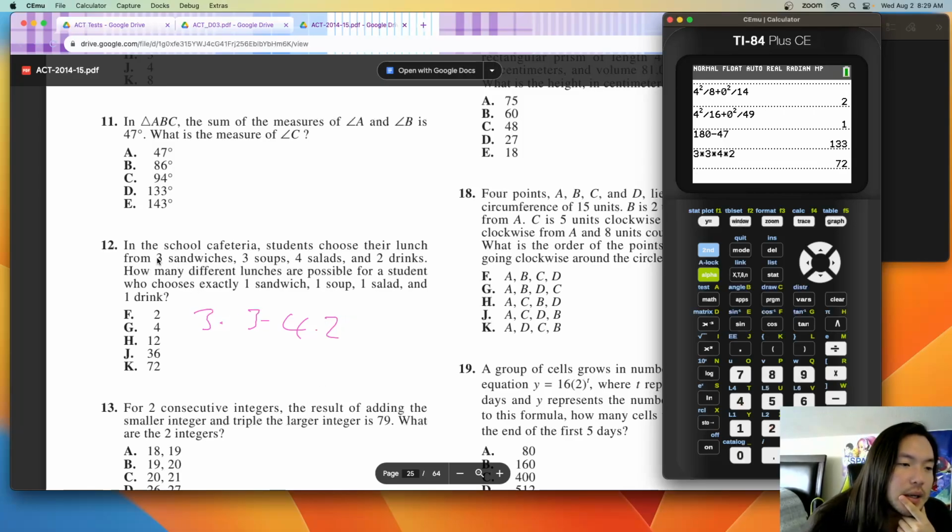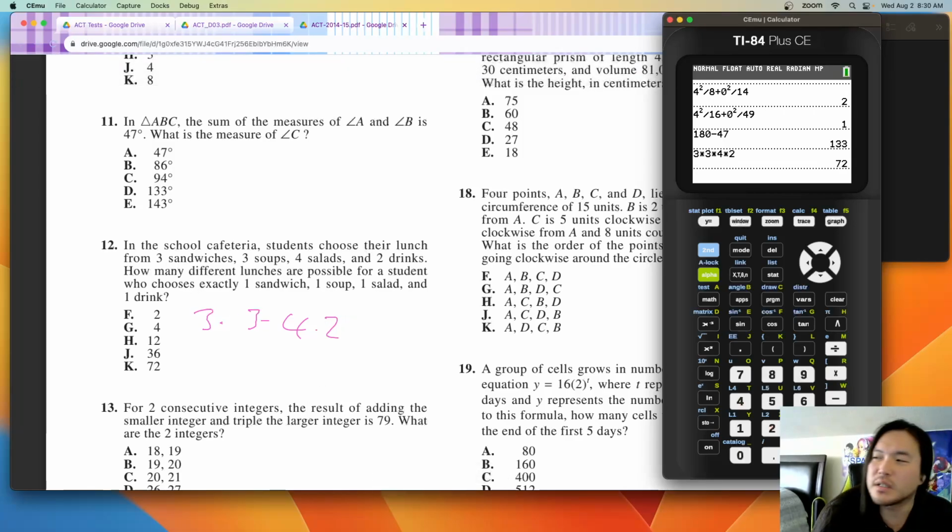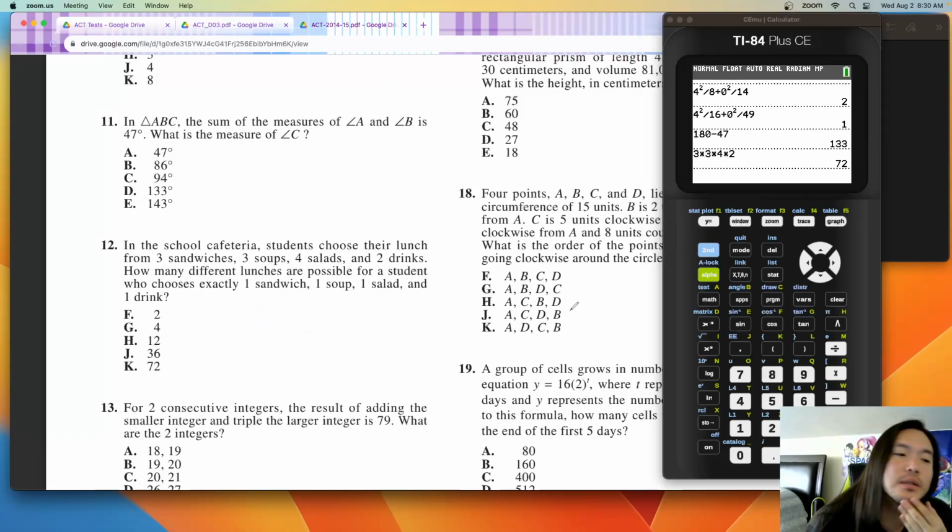There's a couple of different ways to think about it. At each step there's 3 options. You can definitely visualize it. Let's say there's BLT, there's also tuna, and then there's a meatball.